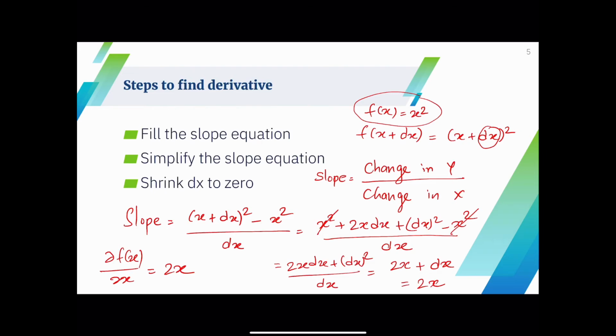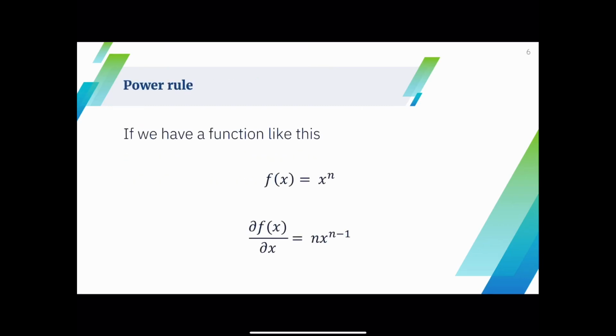So now let's understand some important rules which are used to understand the concept of derivative in machine learning. First is the power rule. Power rule says if we have a function like this, f(x) is equal to x to the power n, then the differentiation of that function is written like this: df(x) by dx is equal to n x to power n minus 1. Suppose, for example, a function is given like this, 4x^5.